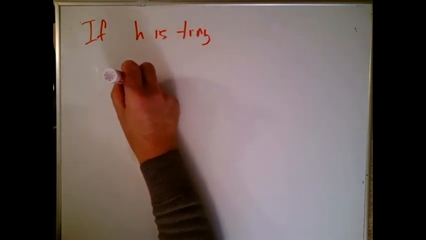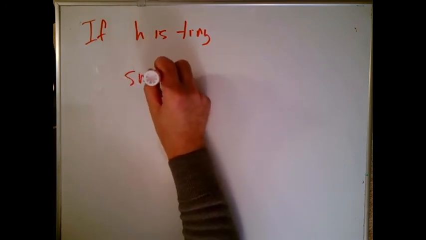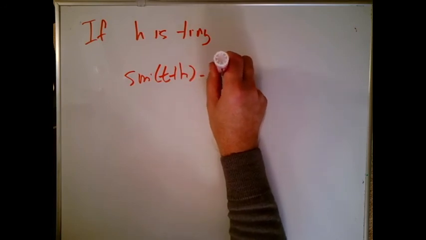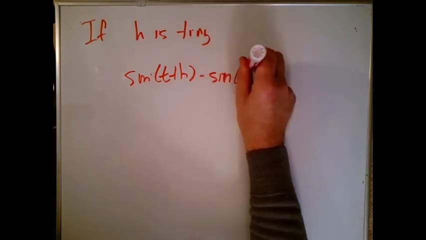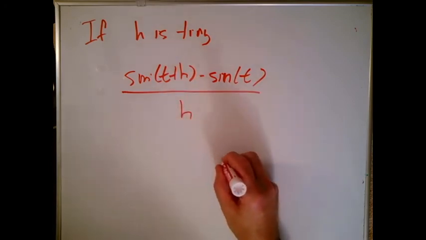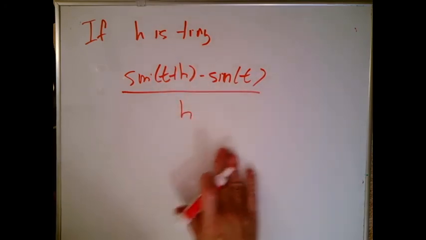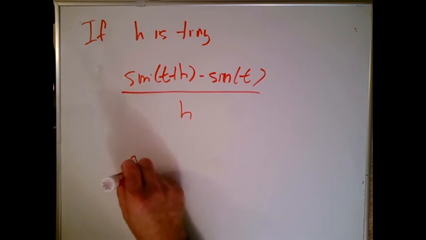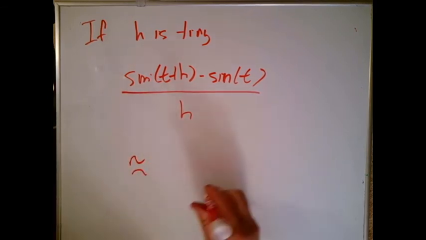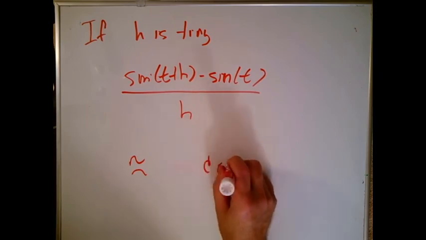Then the difference quotient, sine of t plus h minus the sine of t all over h is approximately equal to the cosine of t plus h.